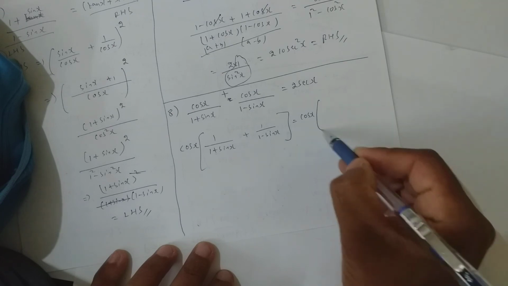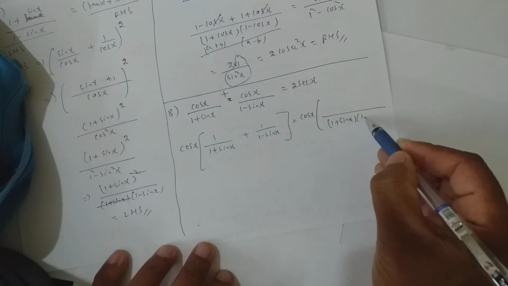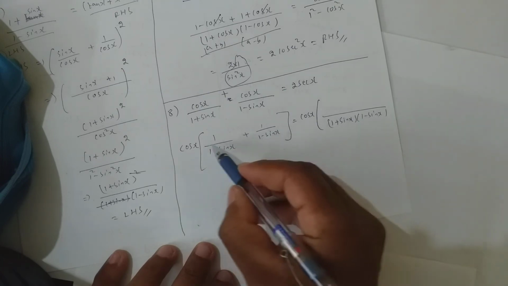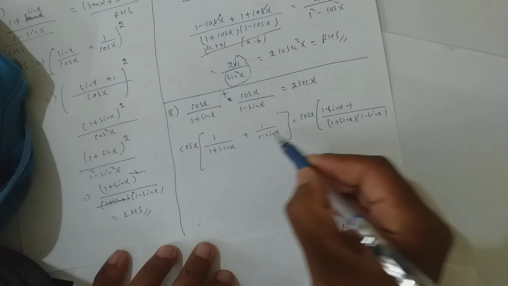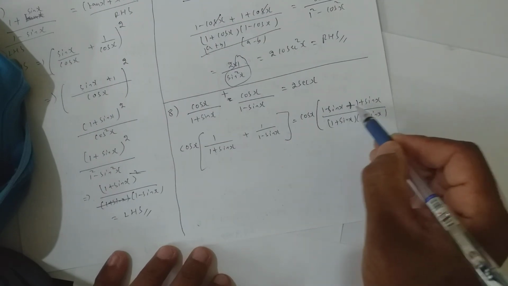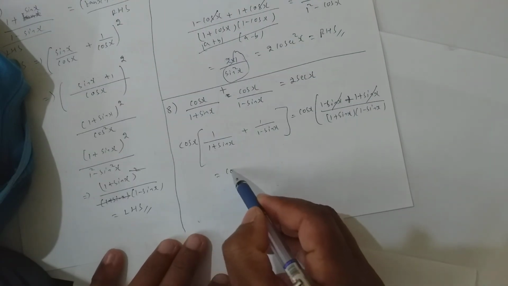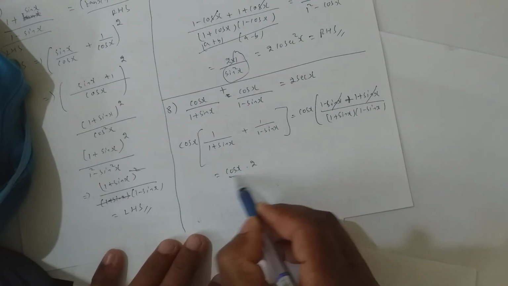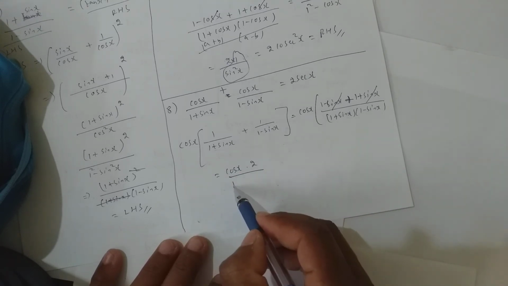So cos x into what will be the LCM? 1 plus sin x into 1 minus sin x. So here I need to multiply with 1 minus sin x. And to this I need to multiply with 1 plus sin x. Now what gets cancelled? Sin and sin gets cancelled. What is remaining? Cos x into 2 by. It is a plus b into a minus b. A square minus b square.